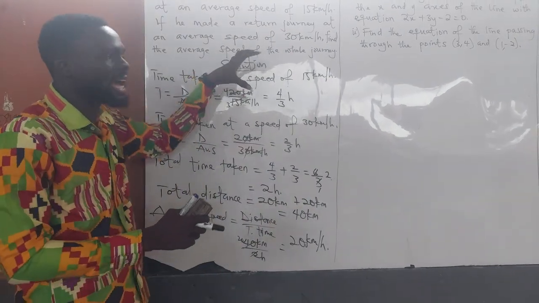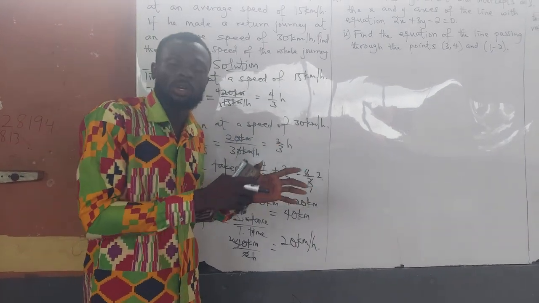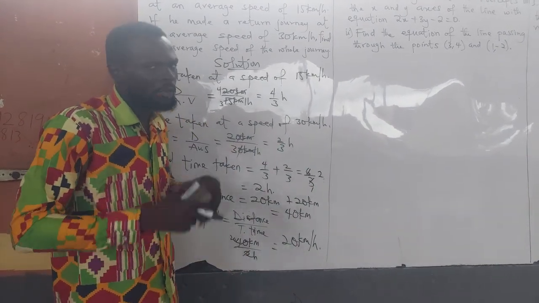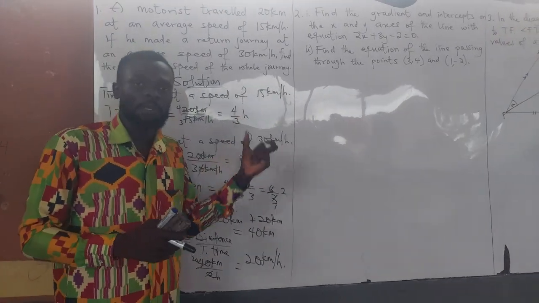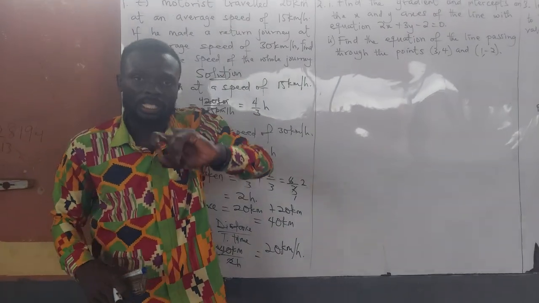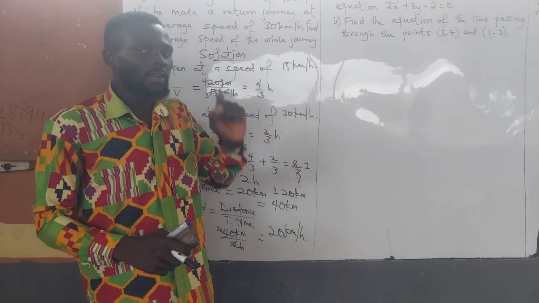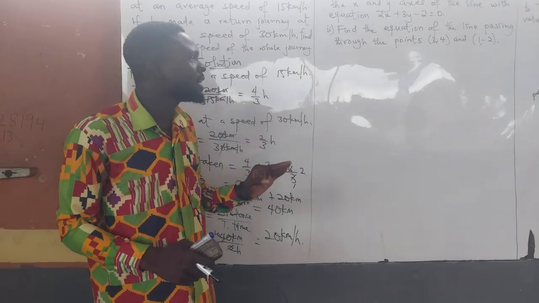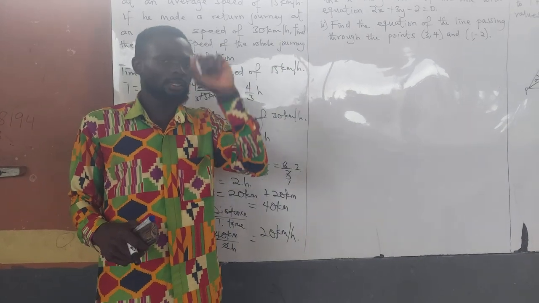And this is a question under rate, where you may be asked to find the average speed, the distance, or the time. We should know that whenever we are asked to find the average speed in kilometers, then the time should be in hours. If we are calculating the average speed in meters, then the time should be in seconds.